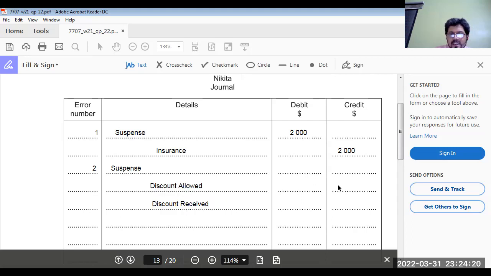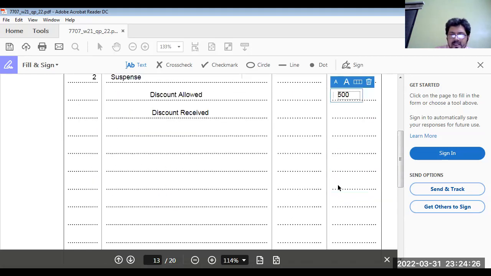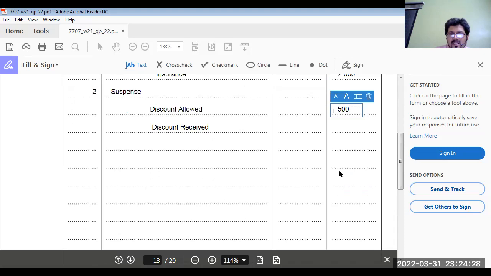Both should be credited. The amount was 500, 500. And we have to debit suspense with 1,000.